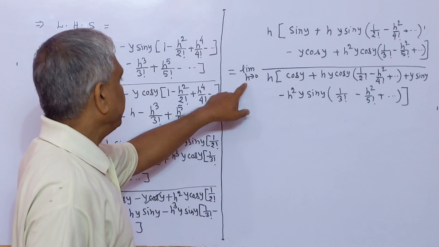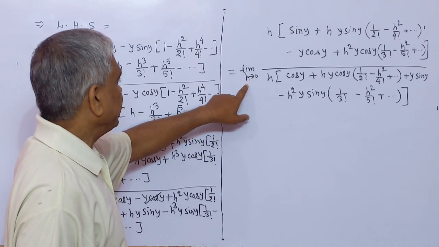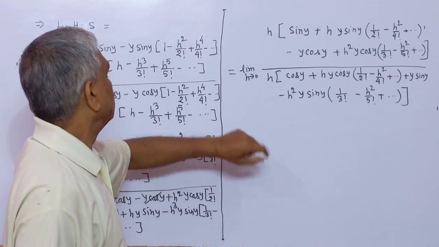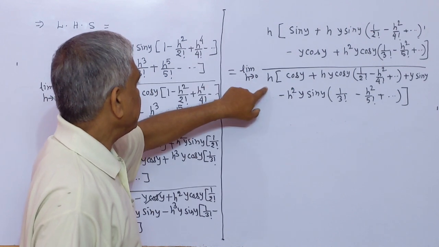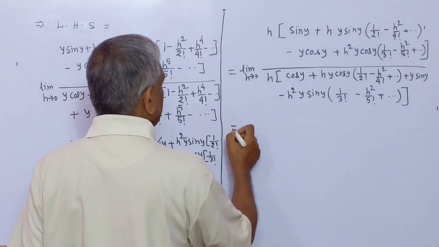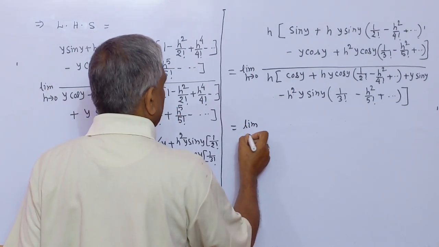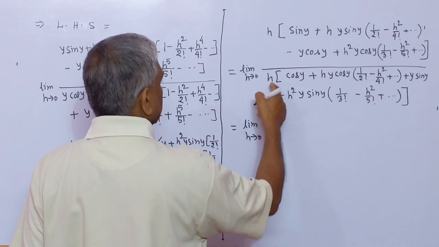Since here limit h tends to 0, that means not that h equal to 0. So h cancels, remains limit h tends to 0.